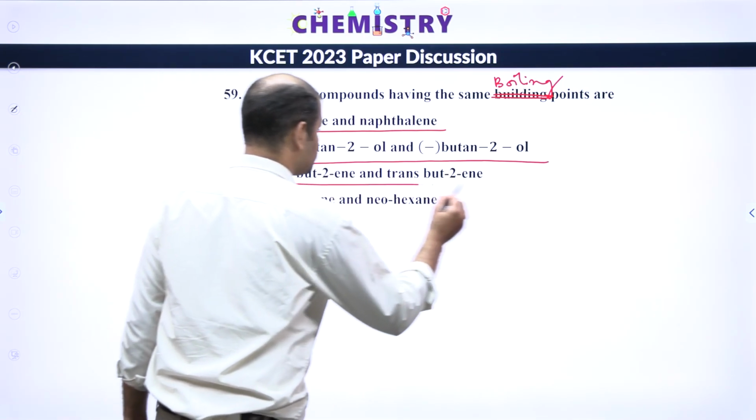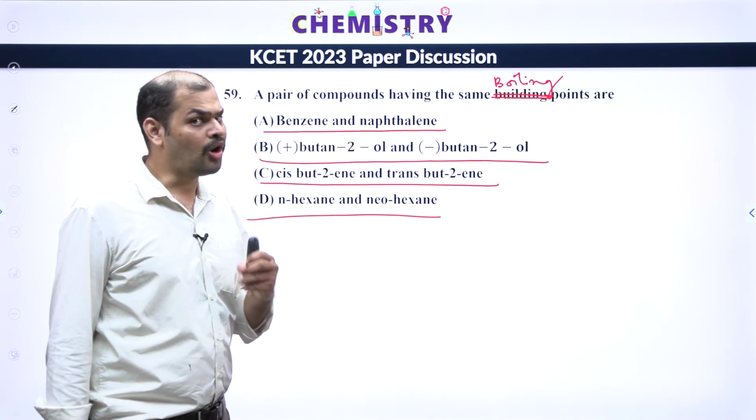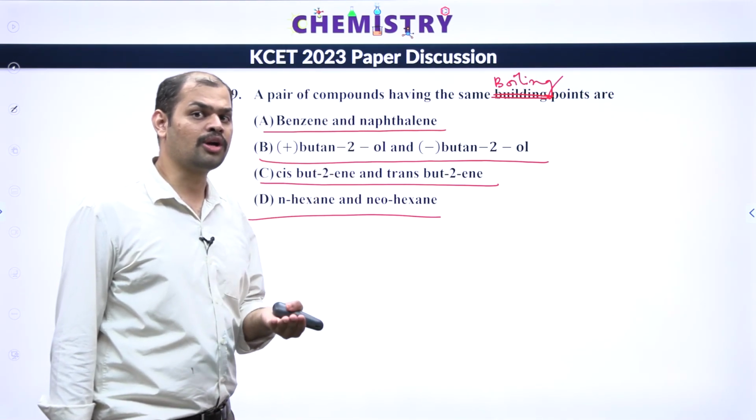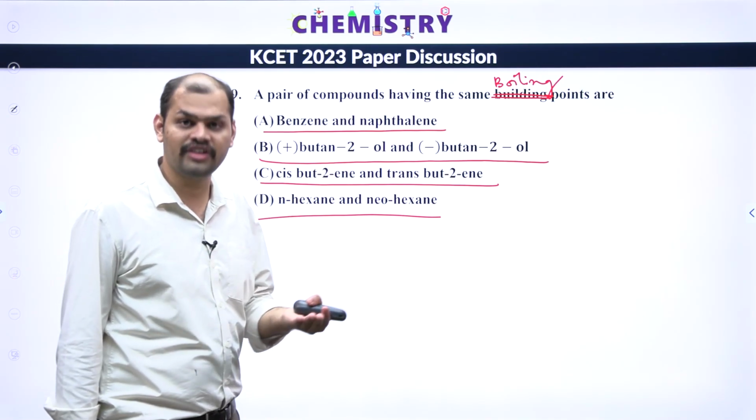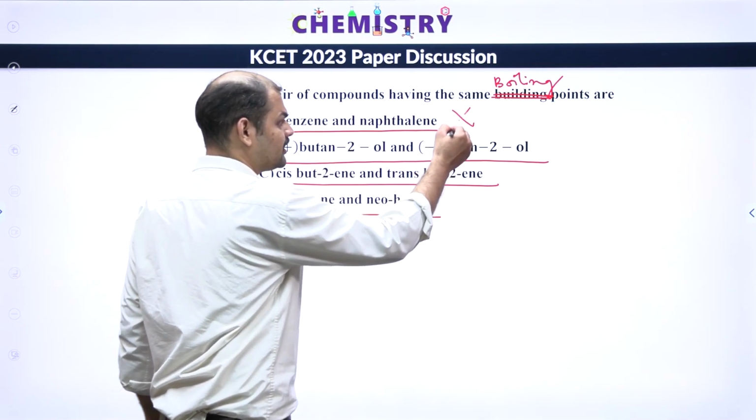Observe carefully, benzene and naphthalene, their molecular formula is not the same. If the molecular formula is not the same, then definitely there will be boiling point variation. Why? Because as molecular weight increases, boiling point increases. So the first one is not the correct answer.